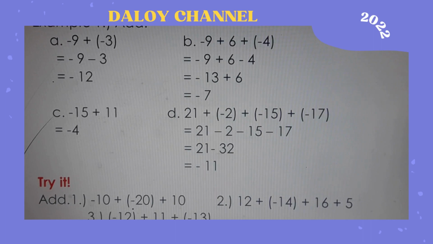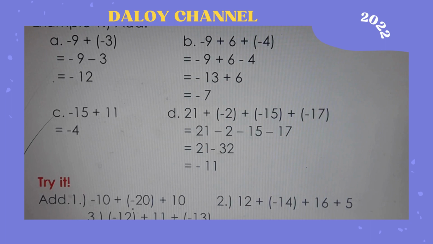For letter D, adding 21 plus -2 plus -15 plus -17. Again, you have to settle the original sign of the number into the operation.